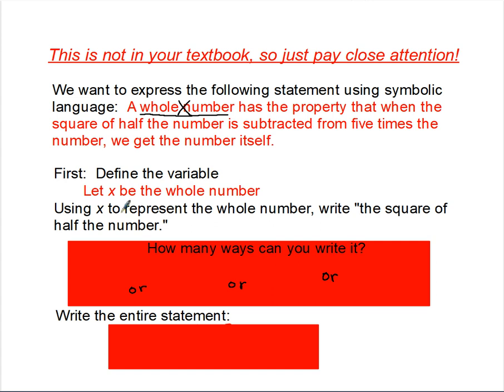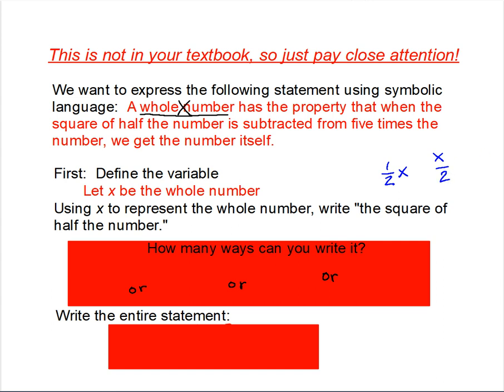Well, if x is the number, how do you write half that number? Definitely a couple different ways, right? So we can have half of x. That would be one way. We could put this x in the numerator and write it this way, x over 2.